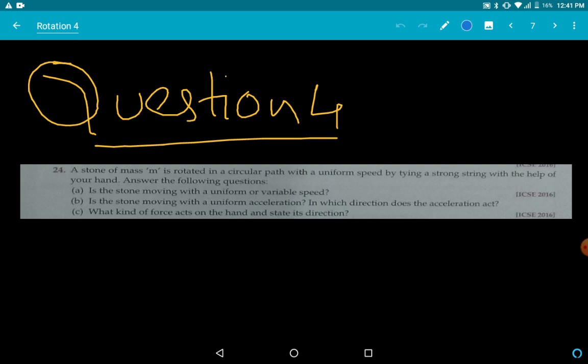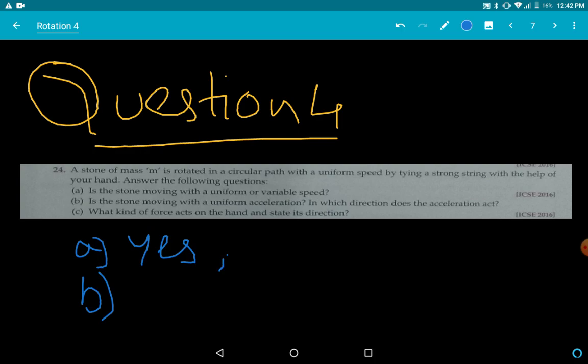See, this is a very silly question. What is given in the question? Can you read the question? A stone of mass m is rotated in a circular path with a uniform speed, and the question is asking you, is it moving with uniform speed? Yes, it's moving. It's very easy. Many questions, the answer lies in the question only.